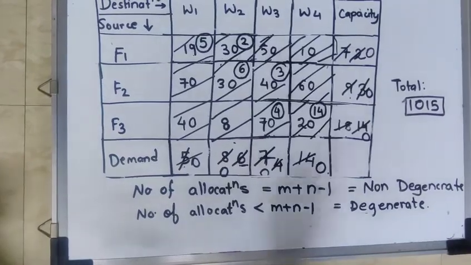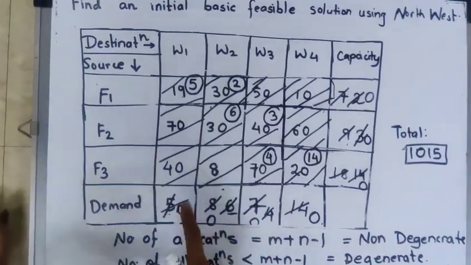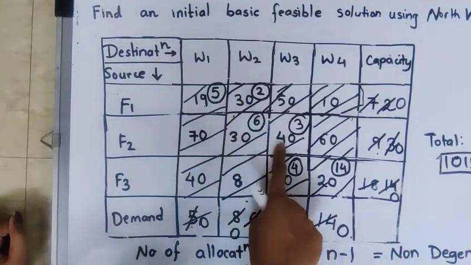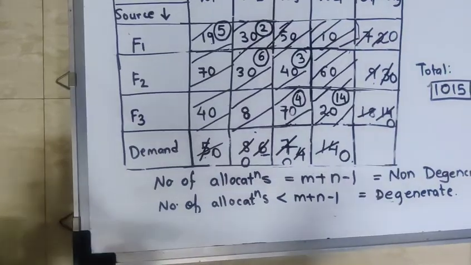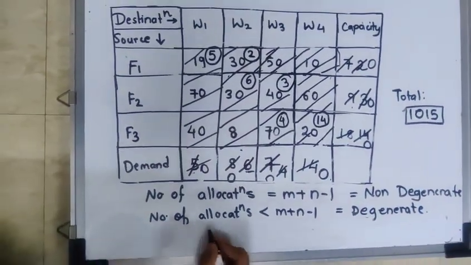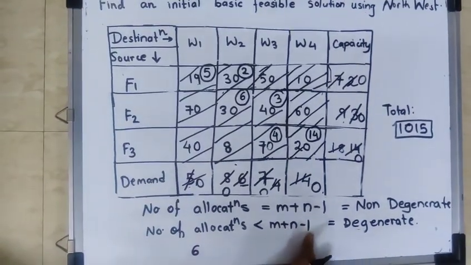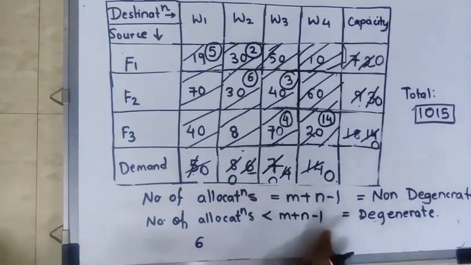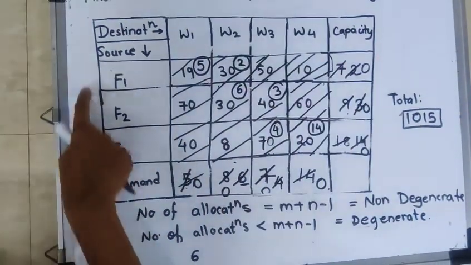For this sum, first let us find out the number of allocations. The number of allocations is 1, 2, 3, 4, 5, 6, wherever we have made an allocation. So at 6 cells we have made allocations, so the number of allocations is 6. Now what is m plus n minus 1? Here m is the number of destinations and n is the number of sources.